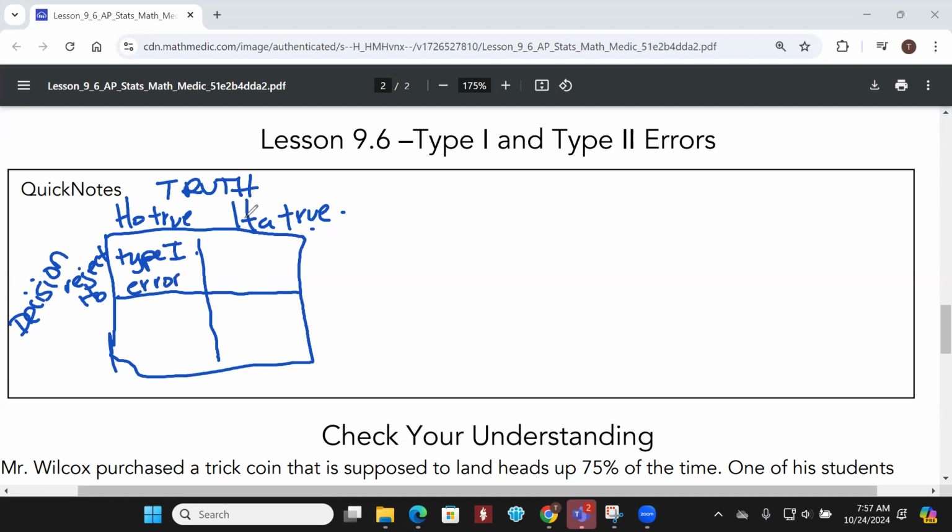If the alternative is true and you reject the null, then we Gucci. If your null hypothesis is true and you fail to reject, we Gucci. And then type 2 error occurs when your alternative hypothesis is true and you fail to reject the null.